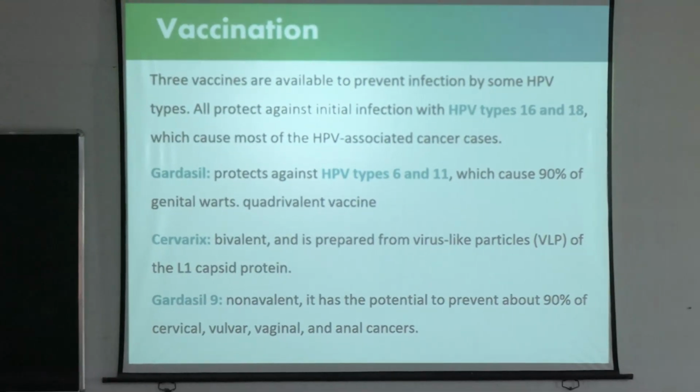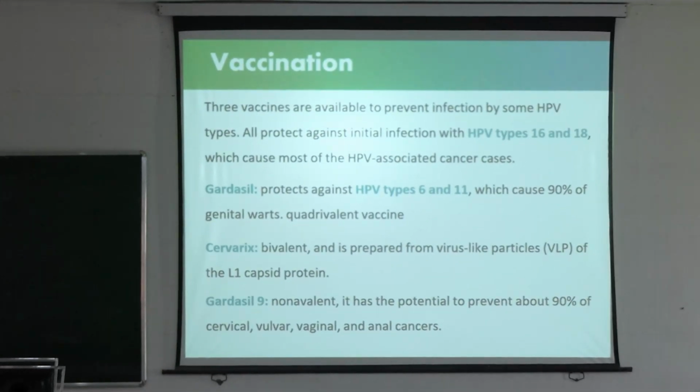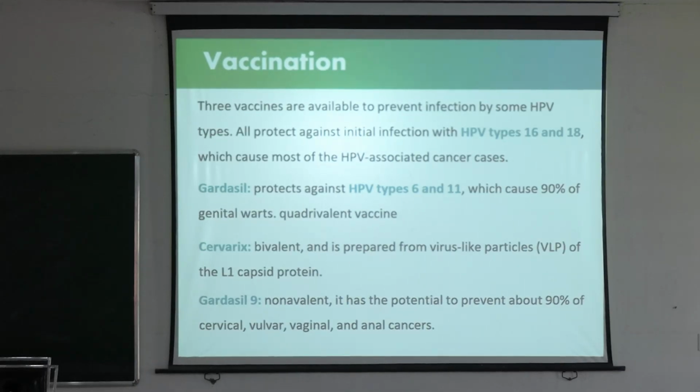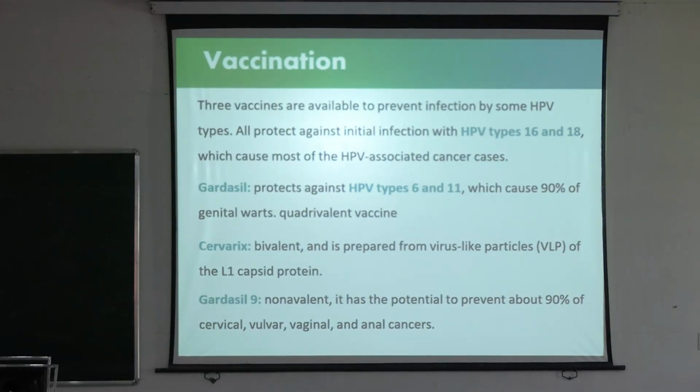Here are the highlights: condom use may reduce the risk of genital HPV infection. Three vaccines are available to prevent infection by some HPV types. All protect against types 16 and 18, which mostly cause HPV-associated cancers. So I highly recommend taking the vaccines.